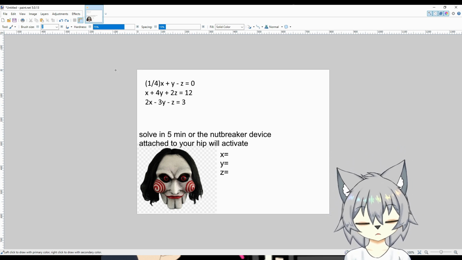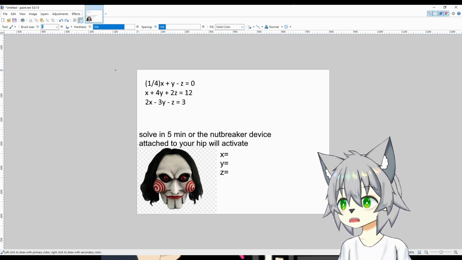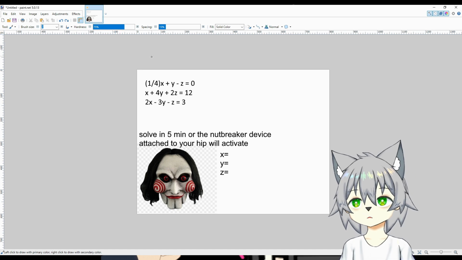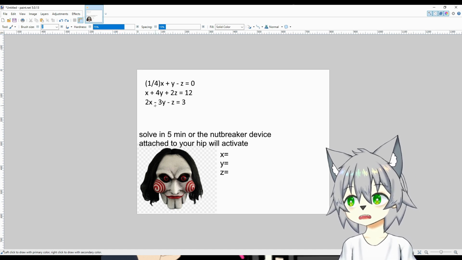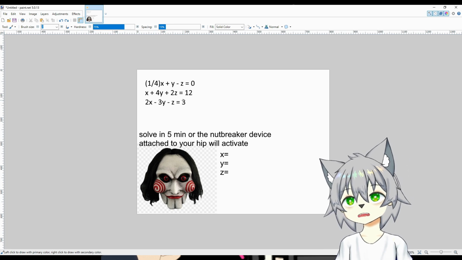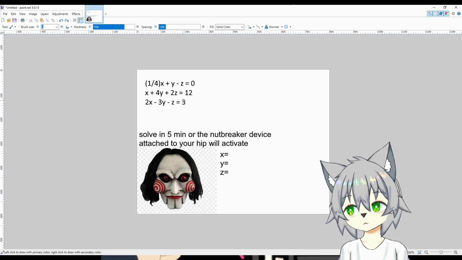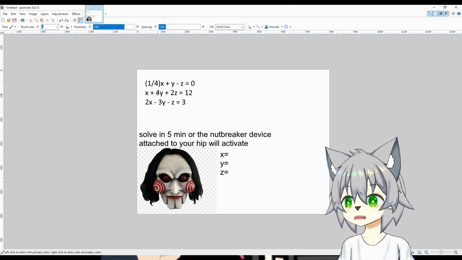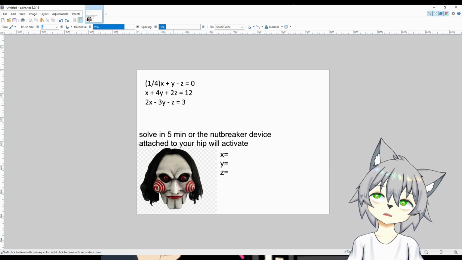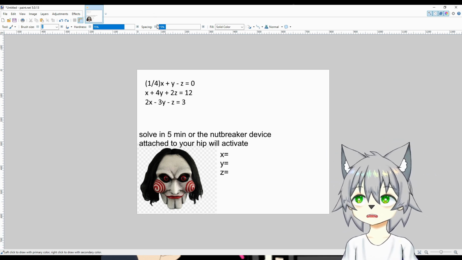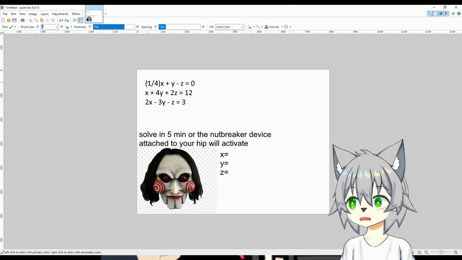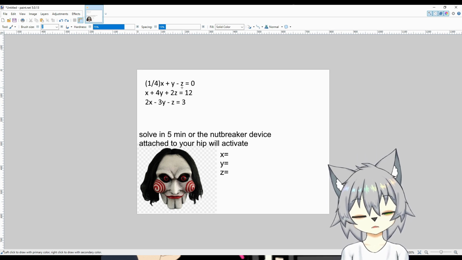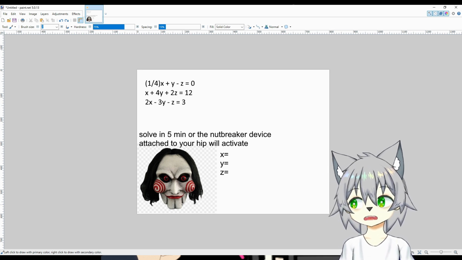And for those who are more clever, if you decide to pause the video and try to figure it out on your own, you might have noticed that maybe instead of thinking about it as trying to solve for the variables, we know that x will equal x, y equals y, and z equals z, right?